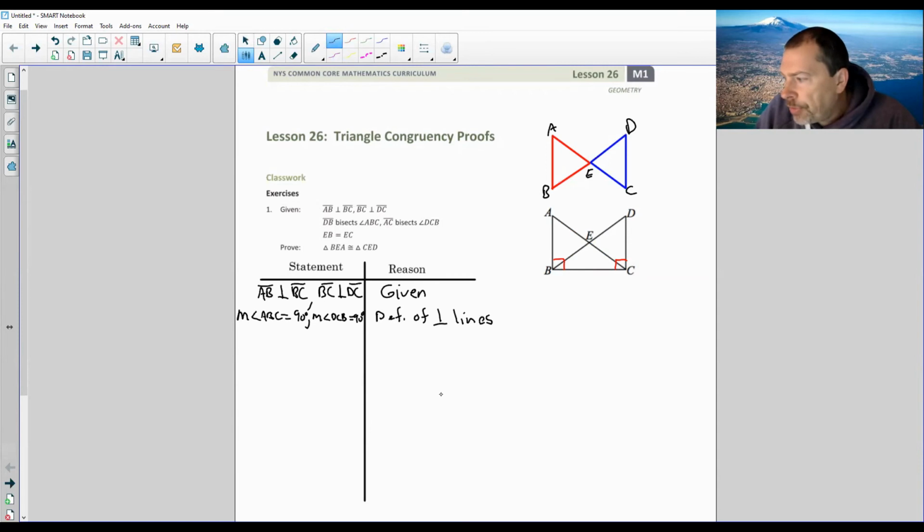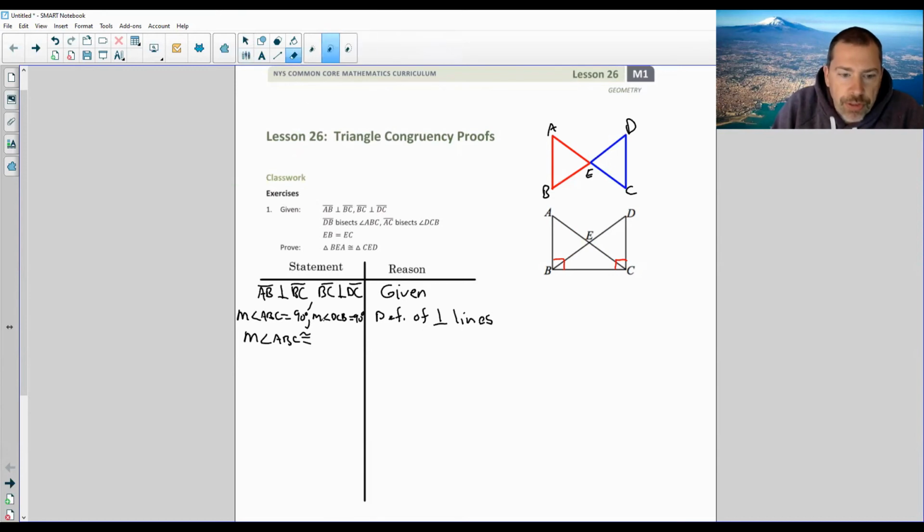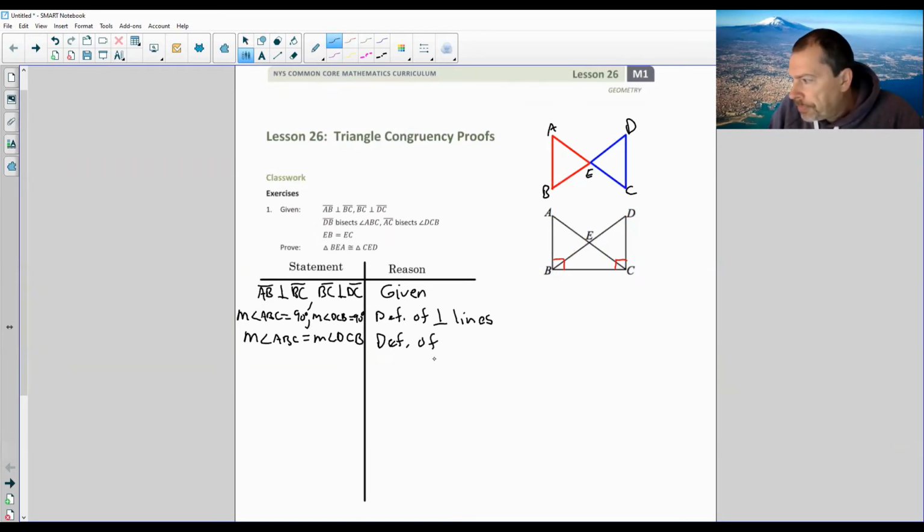Since they're perpendicular, they form right angles. So now from that, if ABC is 90 and DCB is 90, then now I can say the measure of angle ABC is equal. When we talk about measures, we don't say congruent. The angle is congruent, the measures are equal. The measure of angle ABC is equal to the measure of angle DCB. And that is definition of right angles.